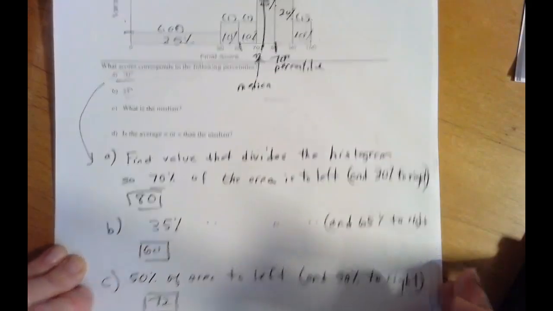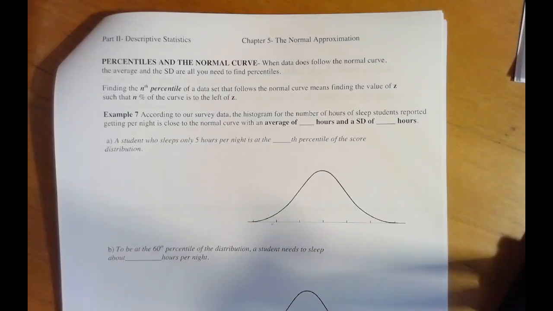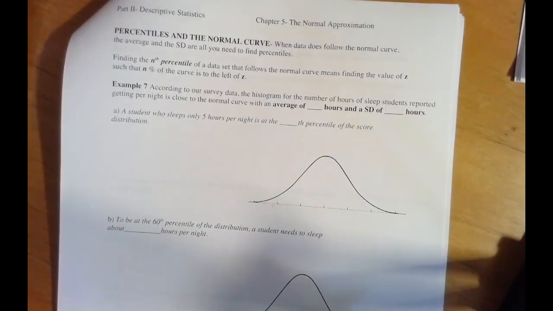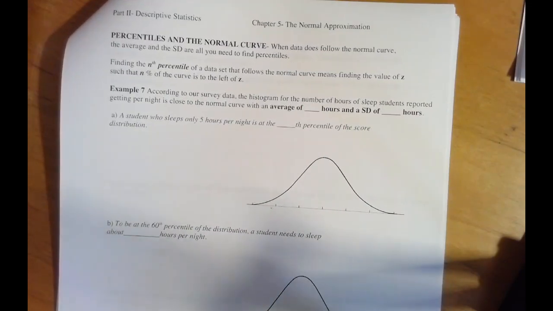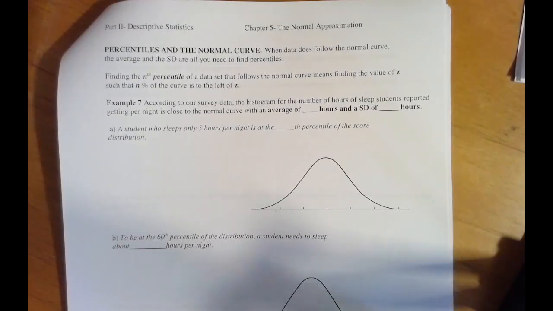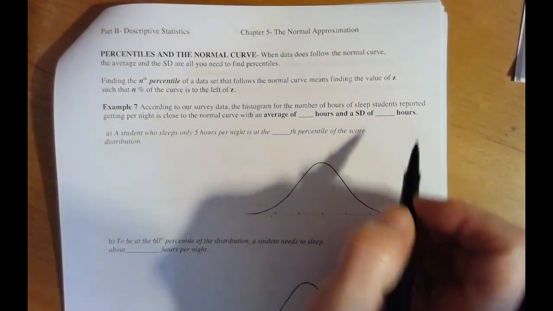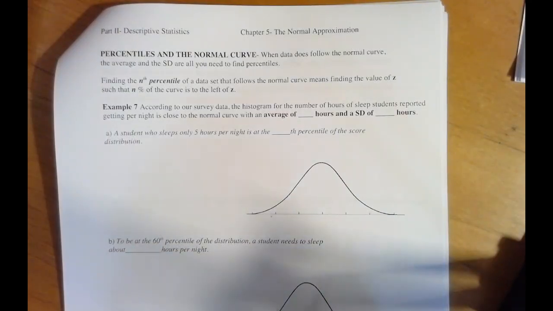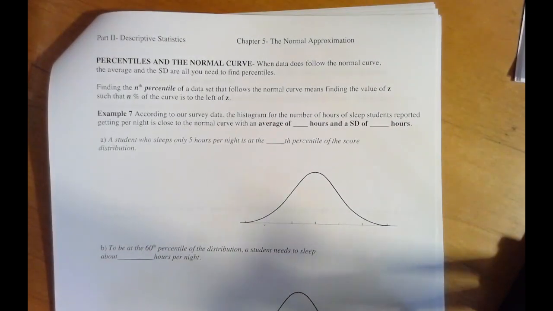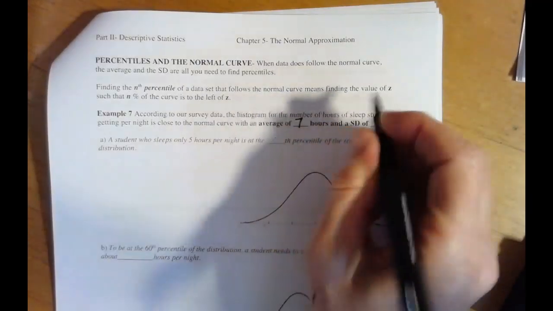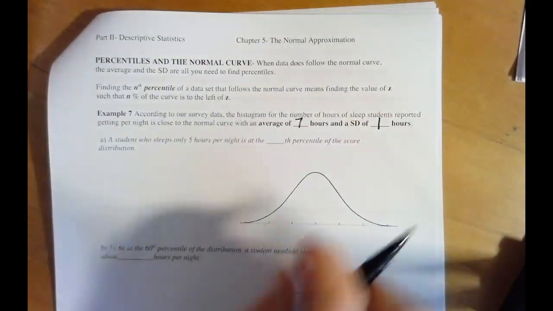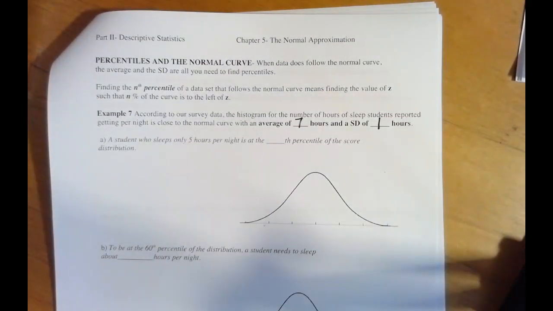All right, let's go to the next page. Okay, so when the data does follow the normal curve, all you need is 2 statistics, the average and the standard deviation. So let's look at this example about how many hours of sleep students reported getting at night. We had an average of about 7.0 and a standard deviation actually of almost exactly 1.